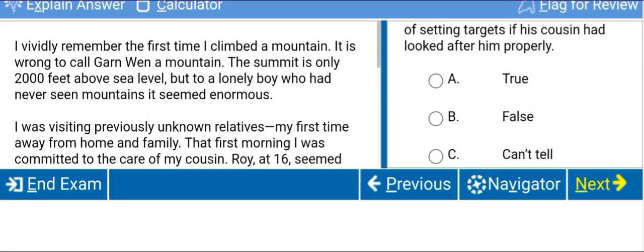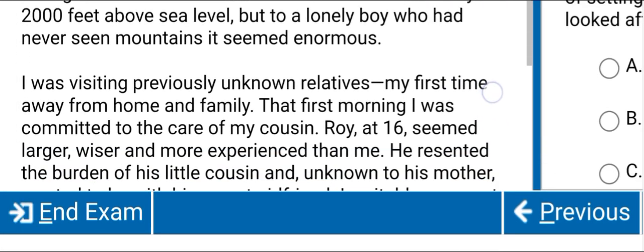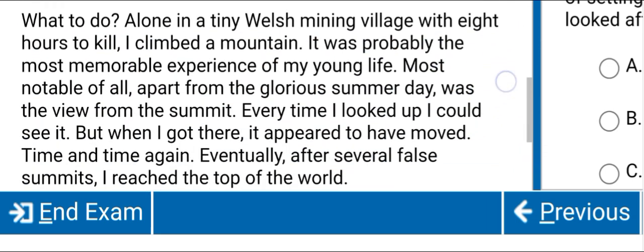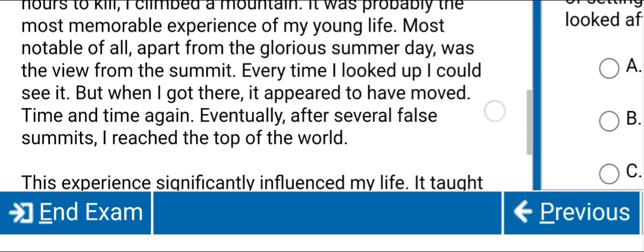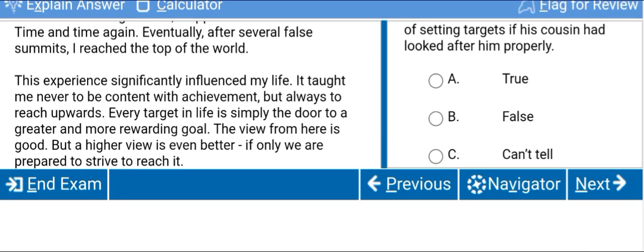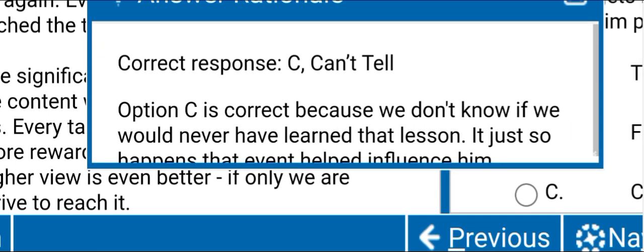Okay, so this question is also associated with the same passage that was given in the last question, the Roy one. As you guys can take a look at this passage. Okay, so let's see which option is the correct one. So here we have the correct response is C, can't tell.